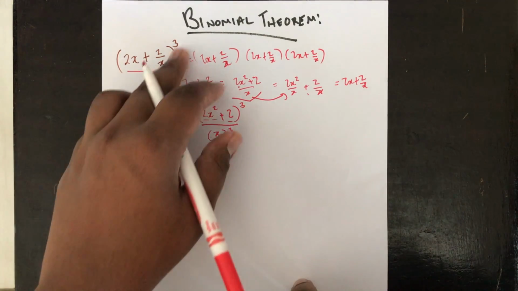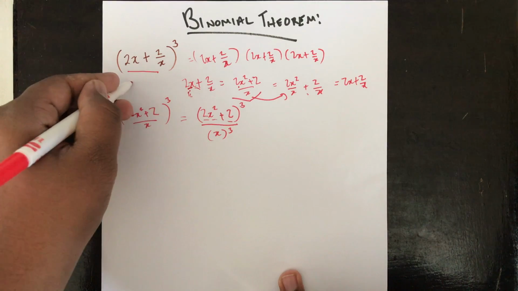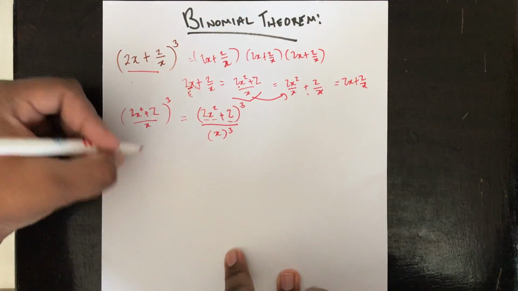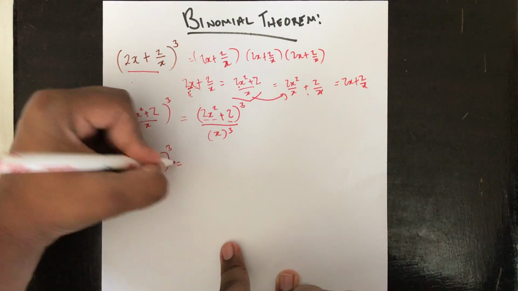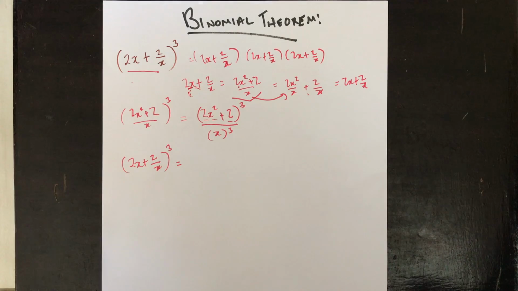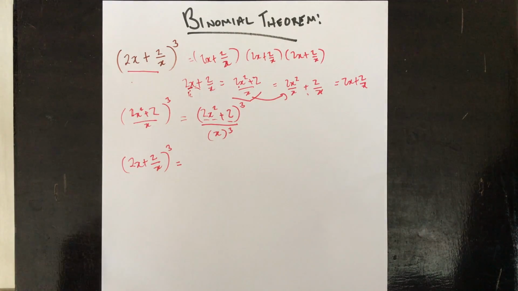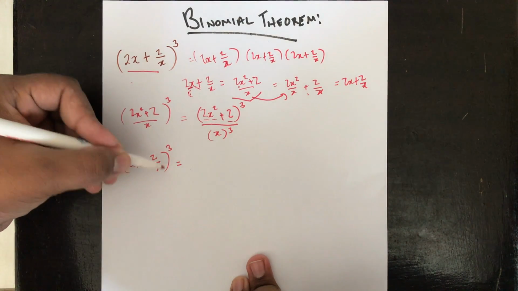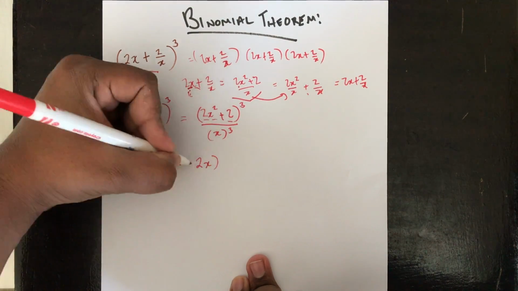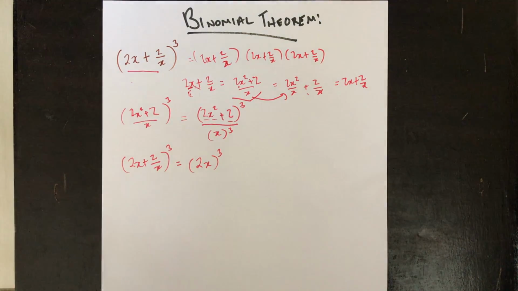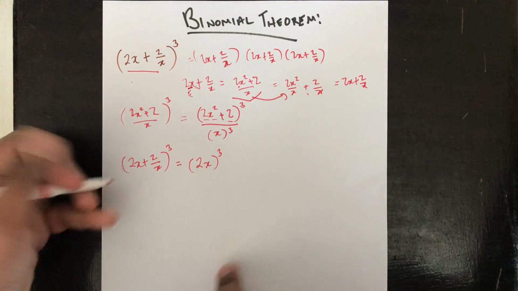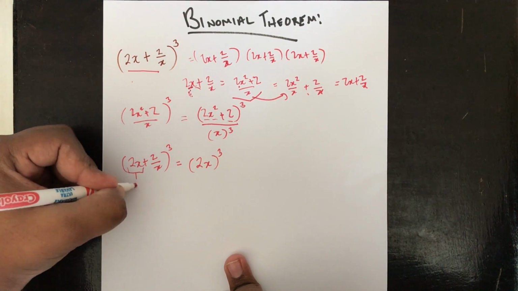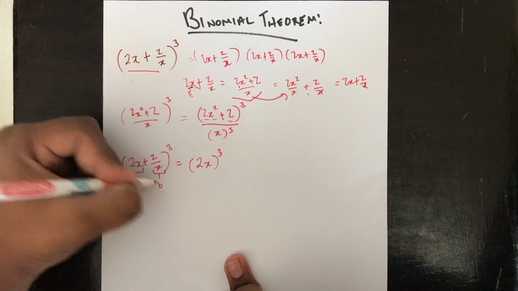So we can do it directly in this step. Let's expand (2x + 2/x)^3 directly using the binomial theorem. Just familiarize yourself with the binomial theorem one more time by looking at the previous video. Notice that 2x becomes the a term, and 2/x is the b term.